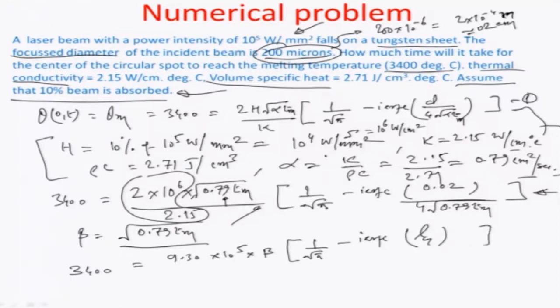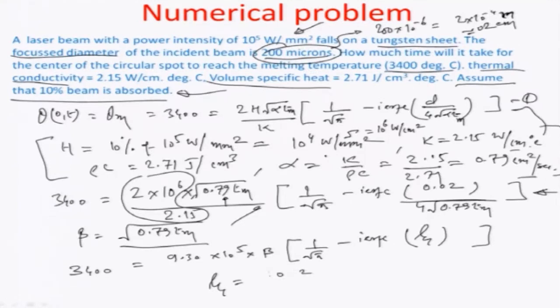Okay. So, as you can rightly see here, zeta is basically nothing but 0.02 by 4 times beta, which makes it equal to 1 by 200 beta. Okay. So that is how zeta can be classified.